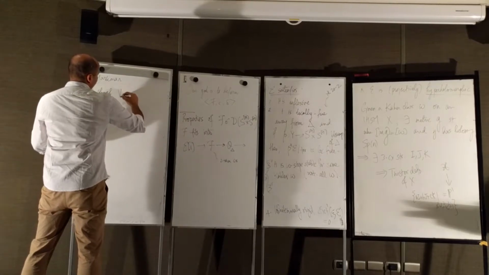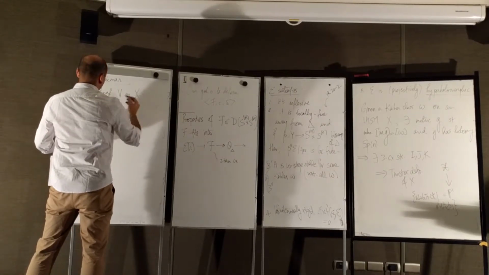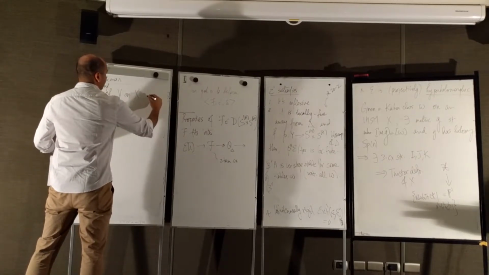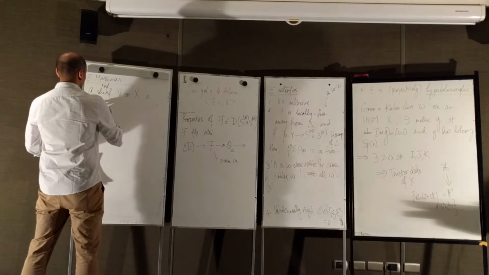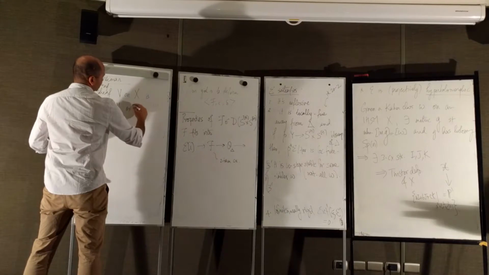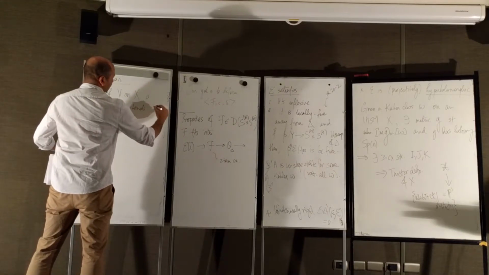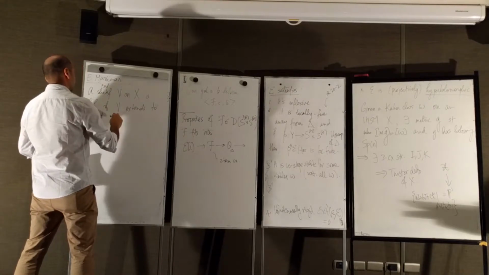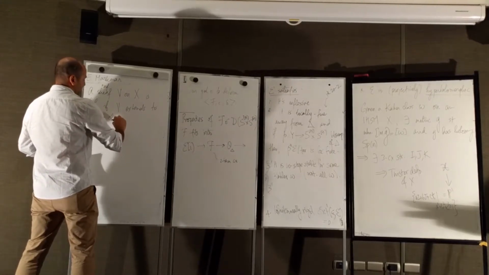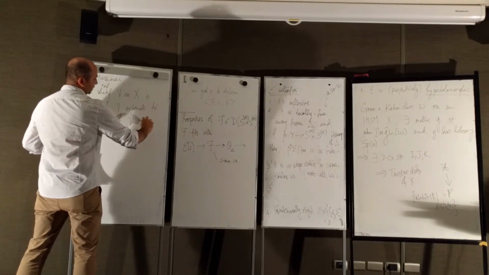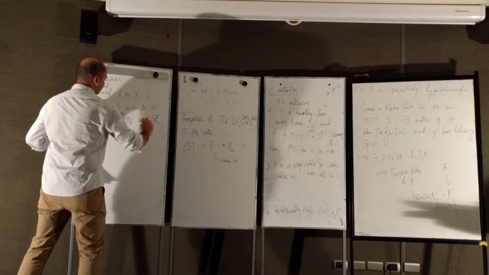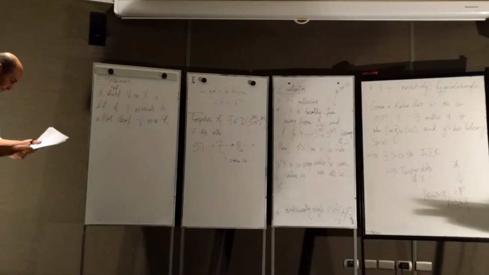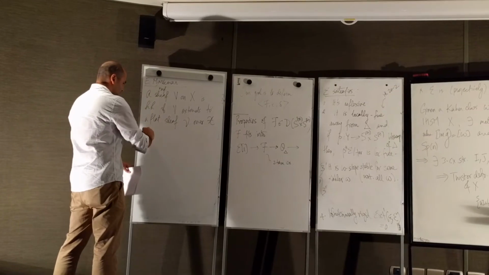A sheaf V on X, let's say a reflexive sheaf, is hyperholomorphic if V extends to a flat sheaf, script V, over X. This is flat over P1, of course.